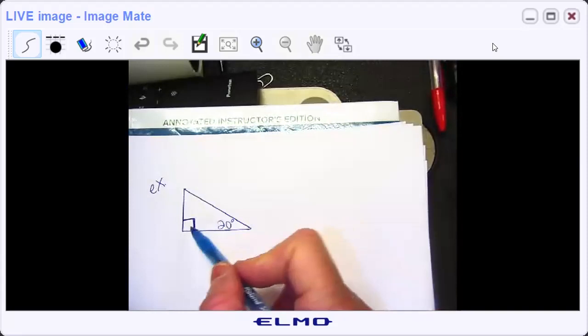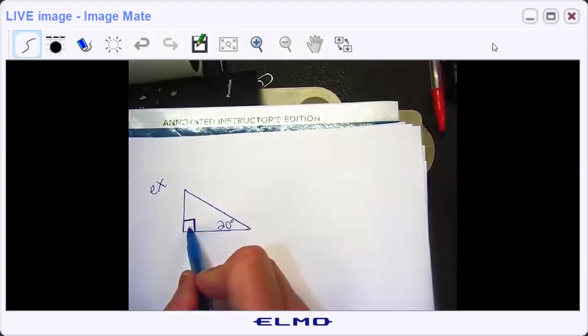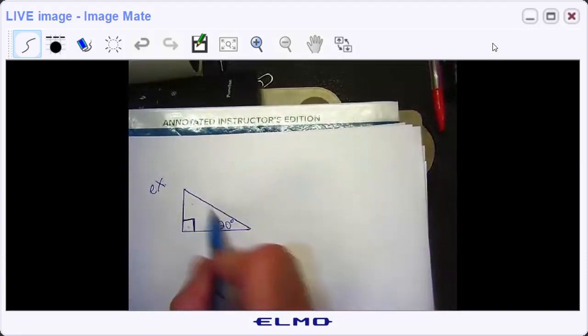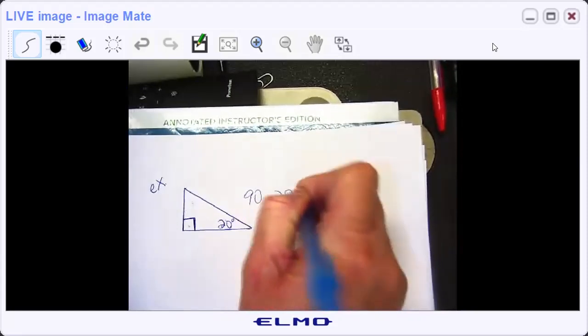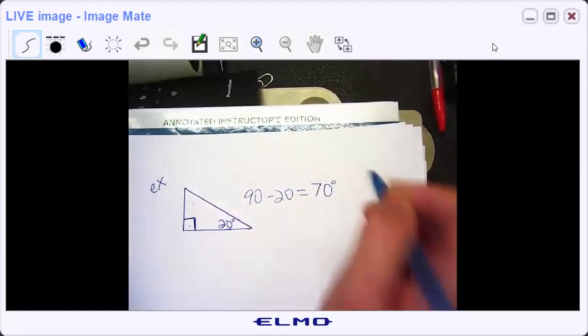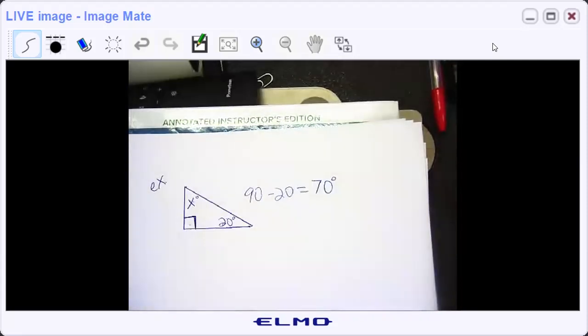But if you think about it, if we know the interior angles add to 180 and 90 is already used up, that leaves these two angles having to be complementary. They have to add to 90. So 90 minus 20 would be kind of a shortcut way to get that missing angle right here. So that missing angle in that triangle would be X.